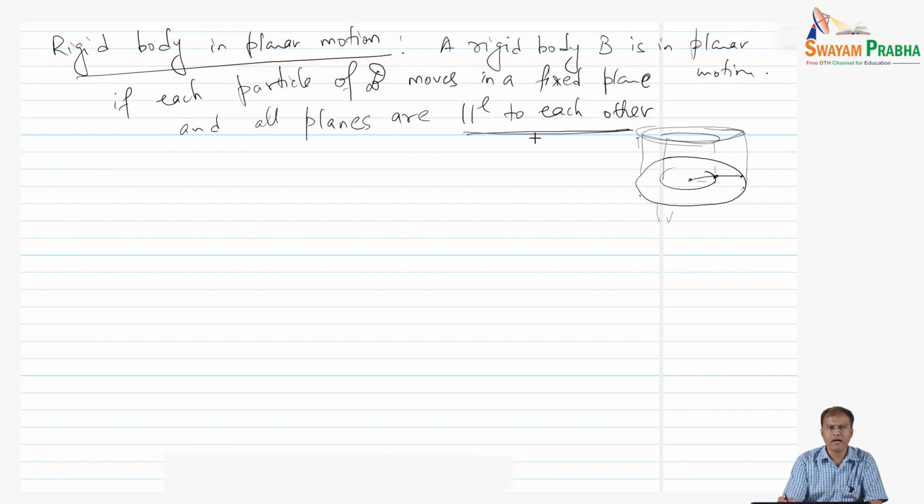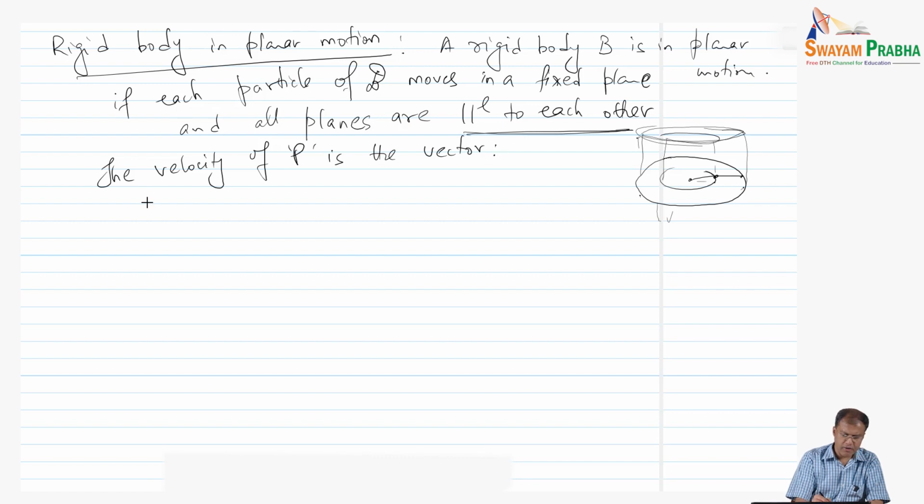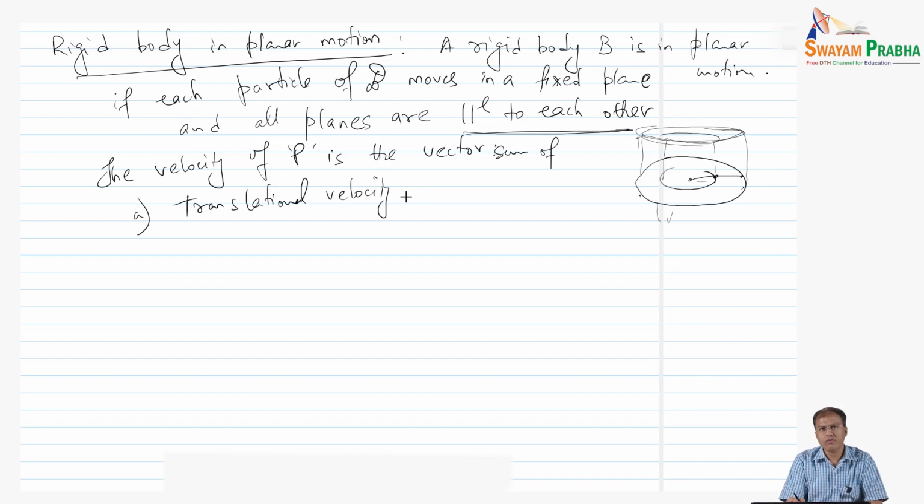The velocity of the particle P is given by the vector sum of, first, the translational velocity, which is equal to the velocity of the axis of rotation, or let's say the velocity of the center of mass of the rigid body.